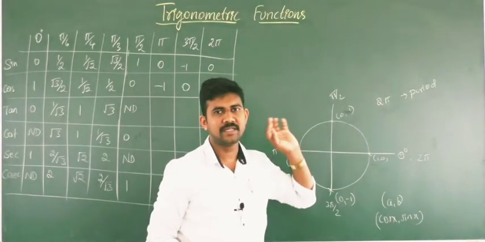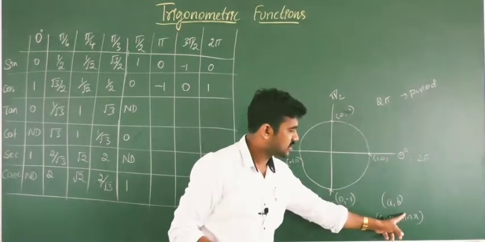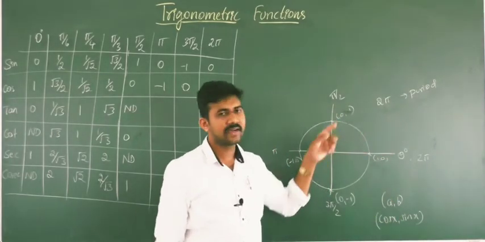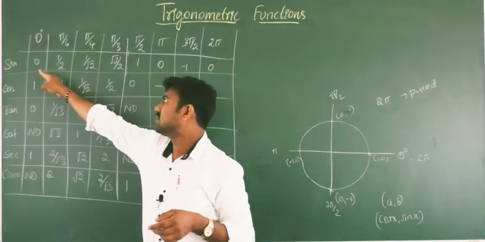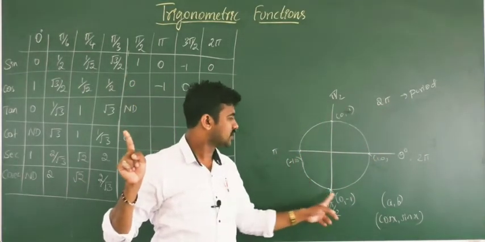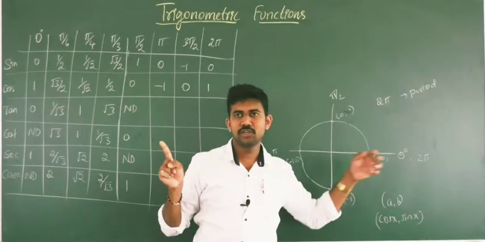Then the value gets repeated. Now see the first trigonometric function, sine. For quadrantal angles, sine 0 is 0, sine pi by 2 is 1, sine pi is 0, sine 3 pi by 2 is minus 1, sine 2 pi is 0.